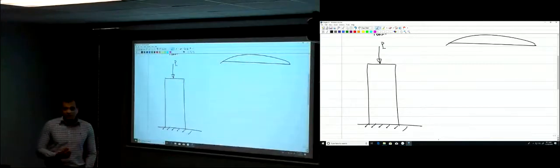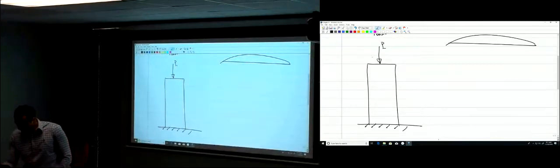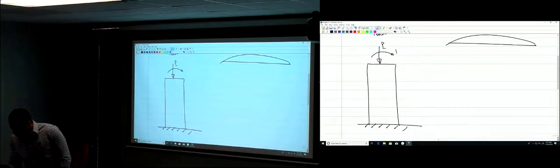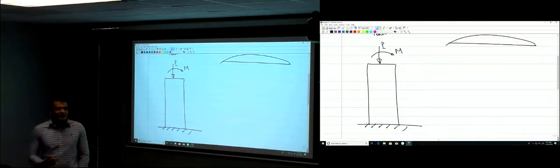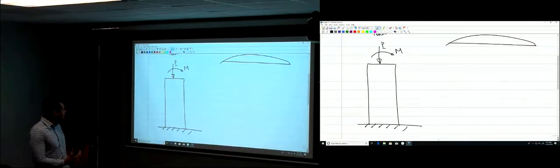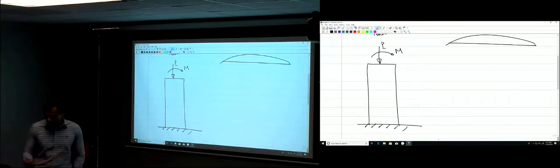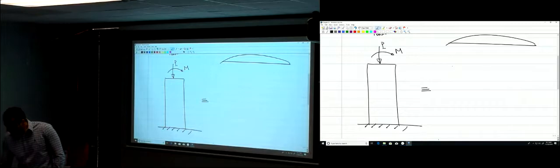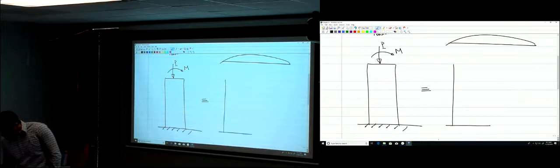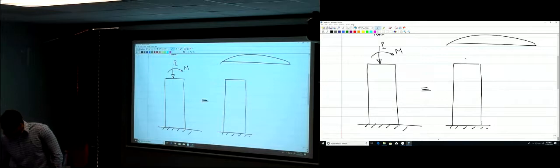If we have a bending moment M acting along with this compression force, we can express this as if we only have a compression force but with some eccentricity e.